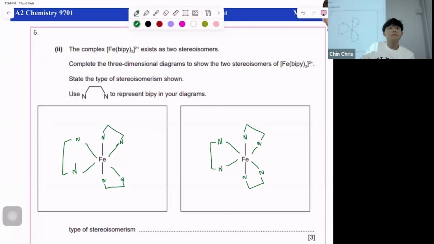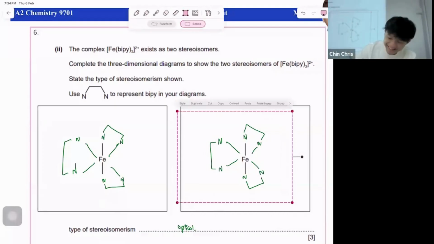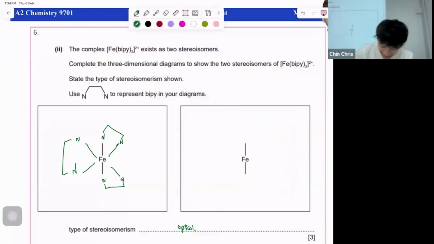Geometric isomerism of the right. Clear. Sorry, my bad. I just realized I drew the same thing, right? Okay, thanks for reminding. Okay, guys, next page.